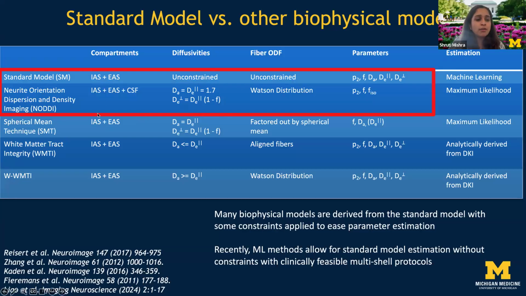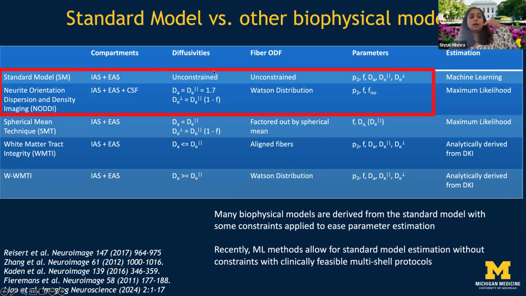But as you can see, many of these other models have the same sort of two-compartment model. The primary difference between the standard model and some of these earlier models is that in the standard model all of the diffusivities are unconstrained, whereas in these earlier models one or more constraints were applied to the diffusivities in order to aid in parameter estimation.